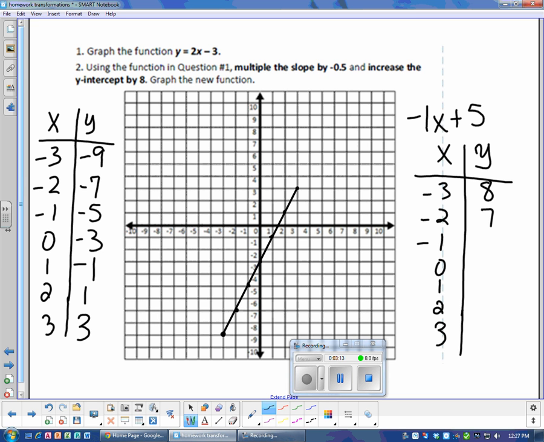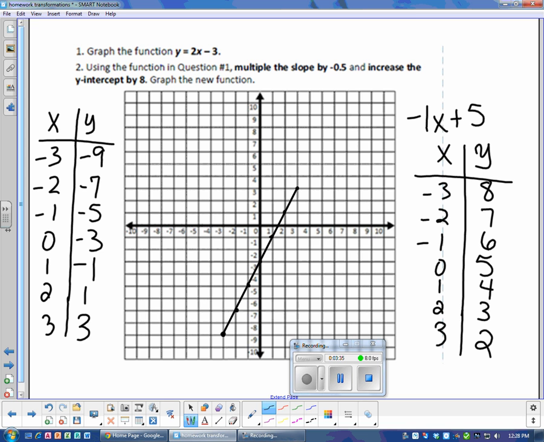Negative times a negative makes it +1, plus 5 is 6. Negative times 0 is 0, plus 5 is just 5. -1 times 1 is -1, plus 5 is 4. -1 times 2 is -2, plus 5 is 3. -1 times 3 is -3, plus 5 is 2.